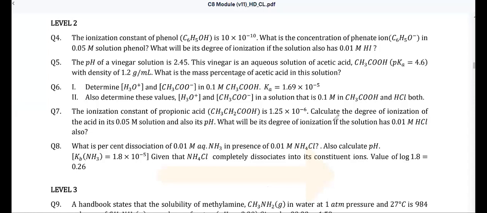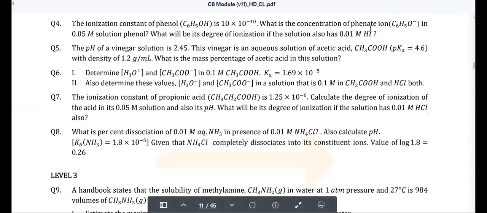Sneha, you have a doubt? Anyone have a doubt till question number 8? No? Okay, very good.